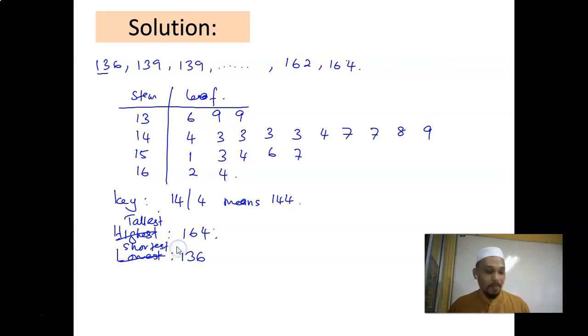So the distribution here is positively skewed because if we divide it into two parts, most of the data are on the left side of the leaf part of the graph, and there is less data on the right side.